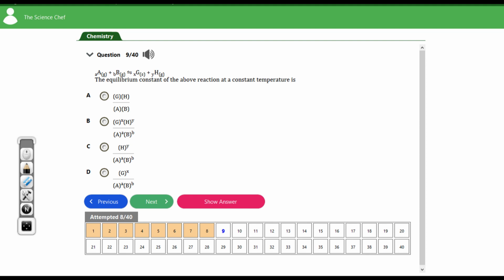Question 9. Wow. Another question on chemical equilibrium. The equilibrium constant for the above reaction at constant temperature is this. This is what we have there: a moles of gas A plus b moles of gas B, giving us x moles of solid C plus y moles of gas H. So now, in writing the equilibrium constant of a given equilibrium reaction, make use of the aqueous and gaseous species in the equation of reaction.